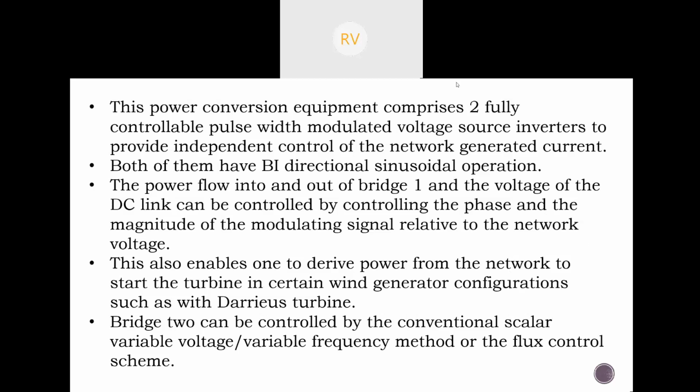So if we control the phase and magnitude of the modulating signal, we can control the power into as well as out of bridge one, and also the DC link voltage.